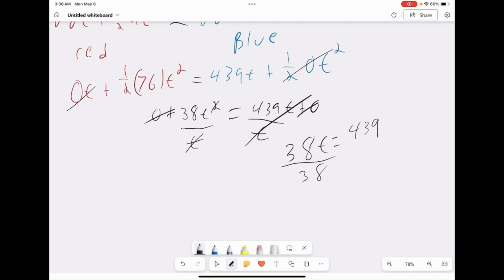Divide both sides by 38, and we get t equals about 11 seconds. 11.55 seconds.